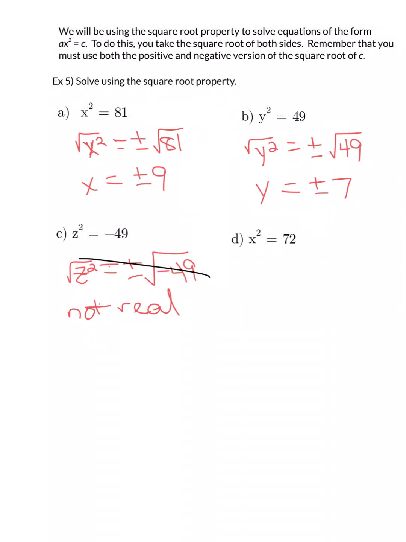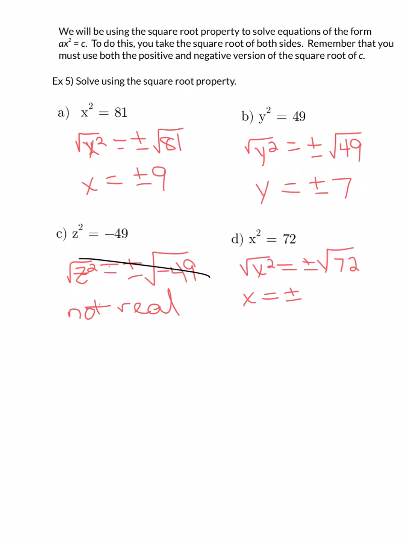Our next example is x squared equals 72. The process is not going to change. We are still going to take the square root of both sides. So we'll have the square root of x squared equals plus or minus the square root of 72. The problem on this one is that 72 is not a perfect square. The square root of x squared will give us x.